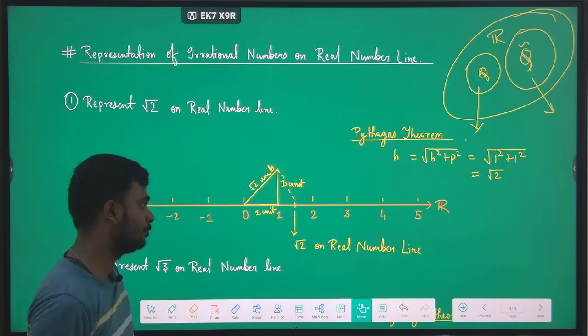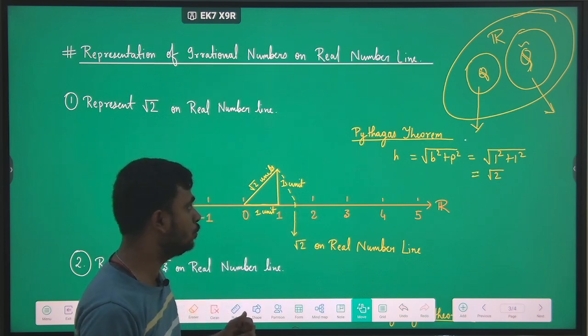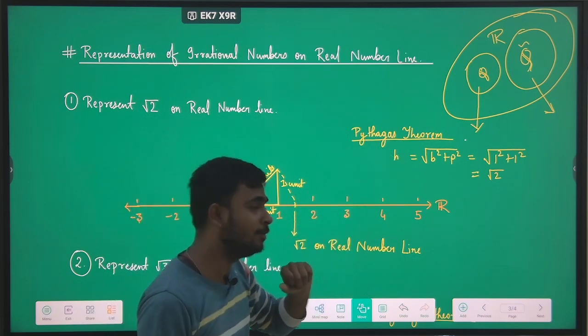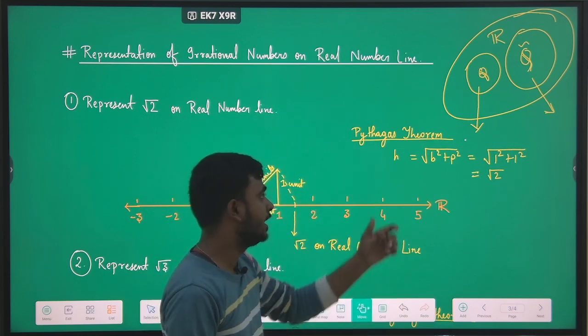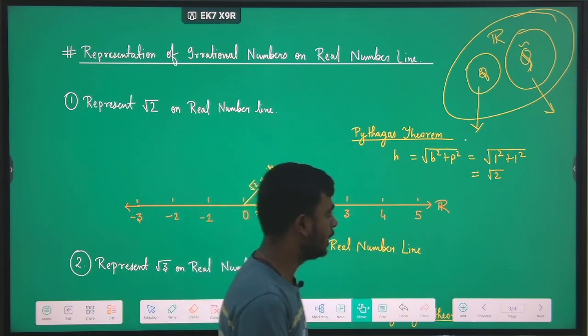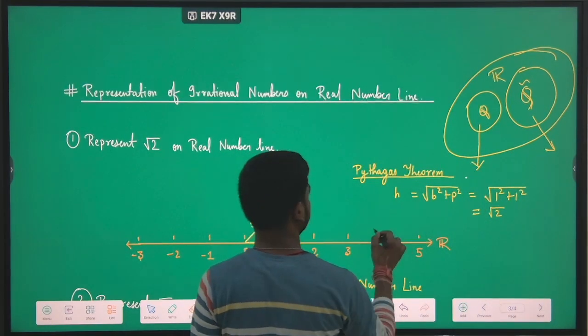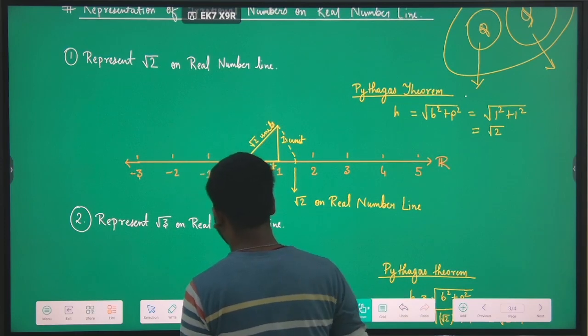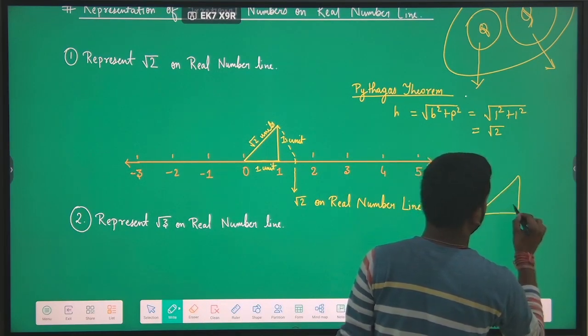So where will it be? We will use the Pythagoras theorem here. We all know that for the Pythagoras theorem, h square is equal to b square plus p square. Let us suppose that this is a right angle triangle.